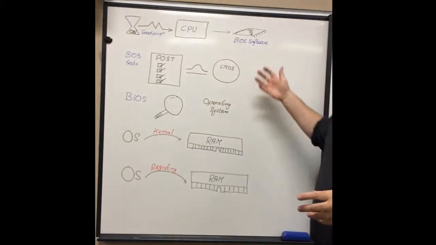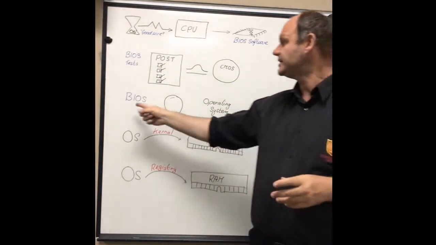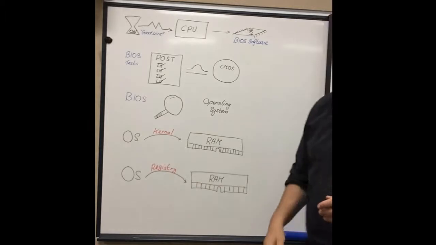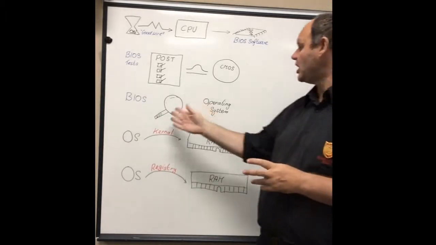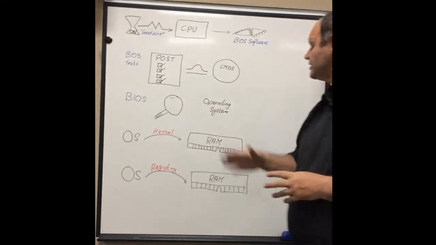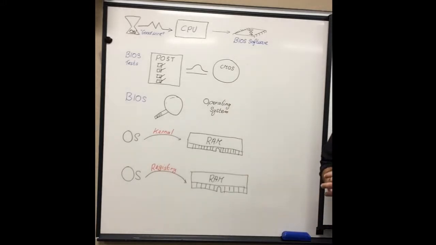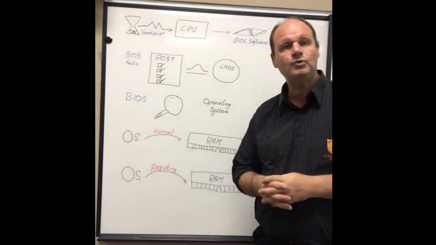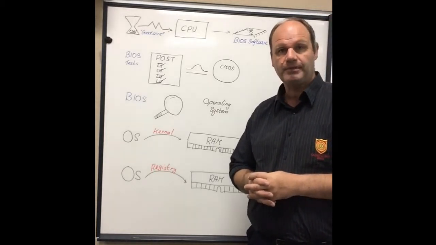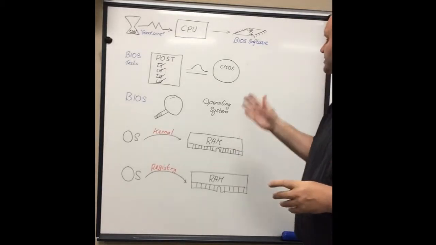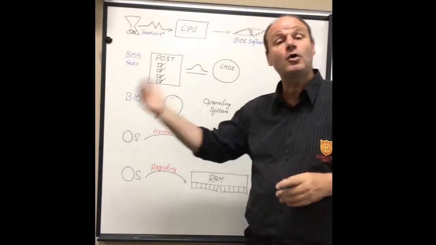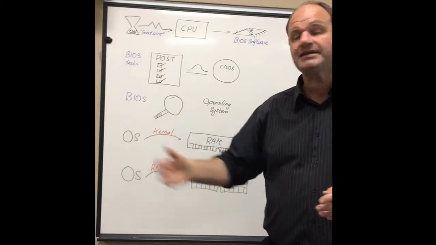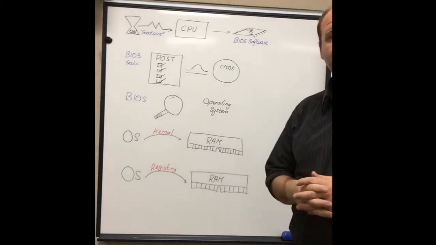With all that information now, the basic input-output system found within the ROM needs to go and find the operating system. It will do that by looking for a program called the Bootstrap Loader. The Bootstrap Loader is the first program for loading the operating system into RAM.